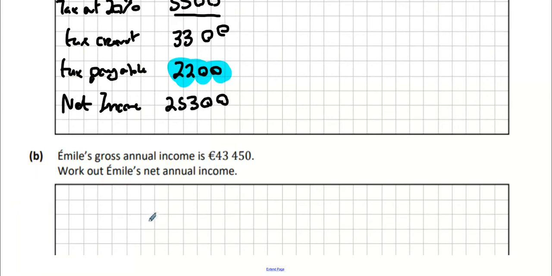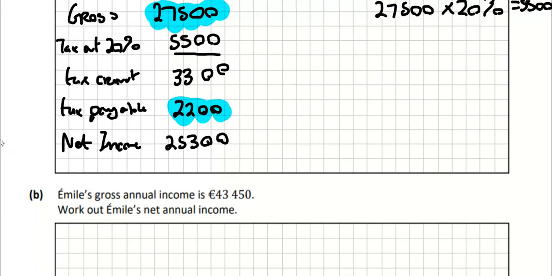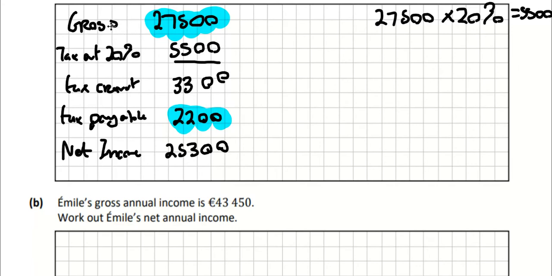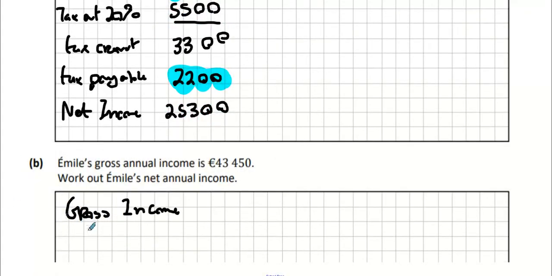Now B, we're basically going to use the same things here. For this next question, we're going to use gross income, tax at 20%, tax at 40%.